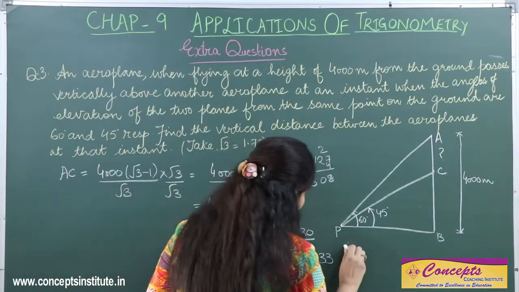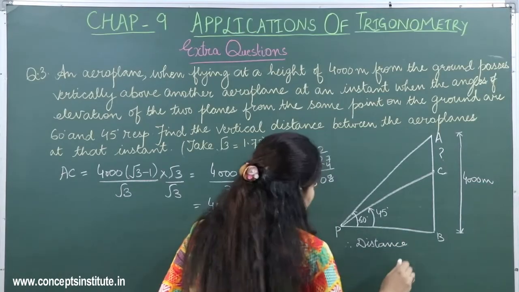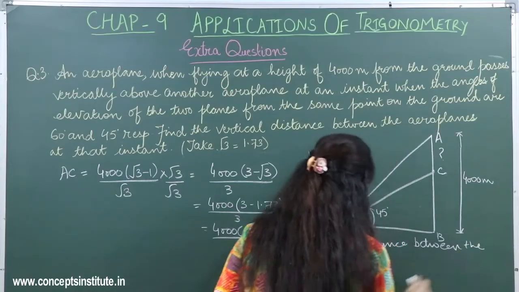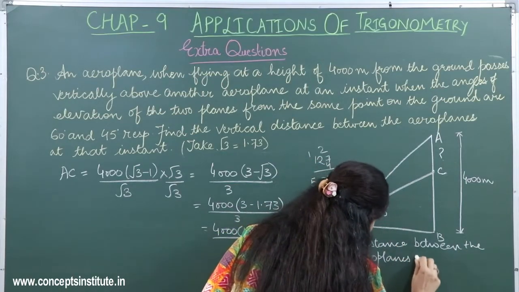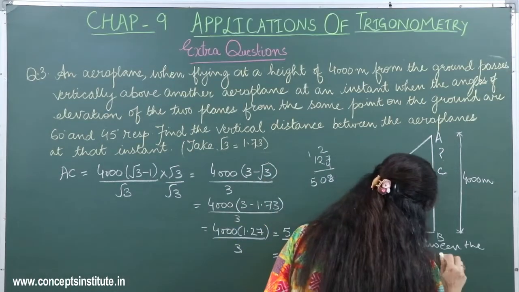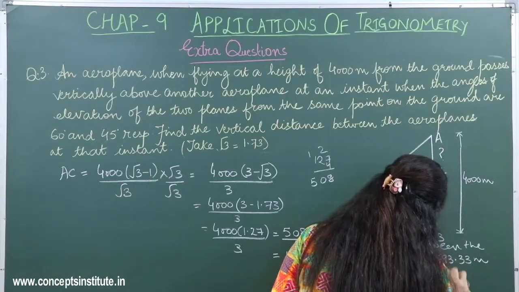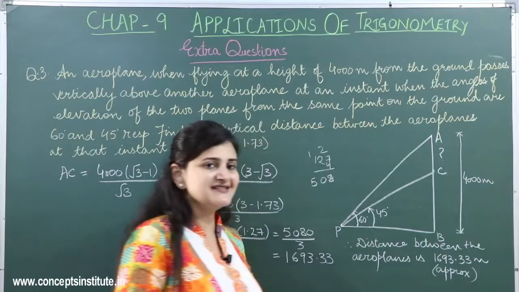So, therefore, we can say that distance between the aeroplanes is 1693.33 meter approximately. I hope you got it.